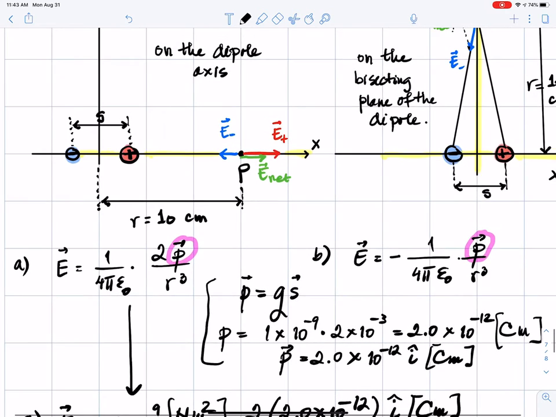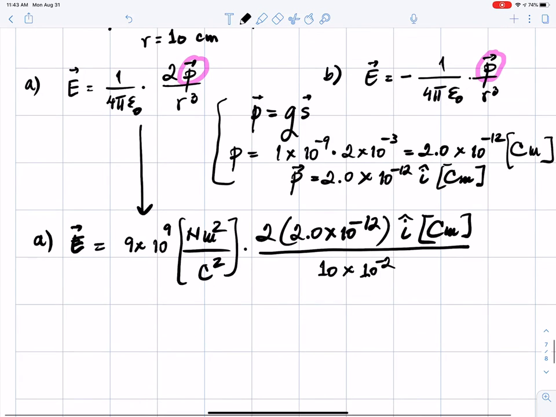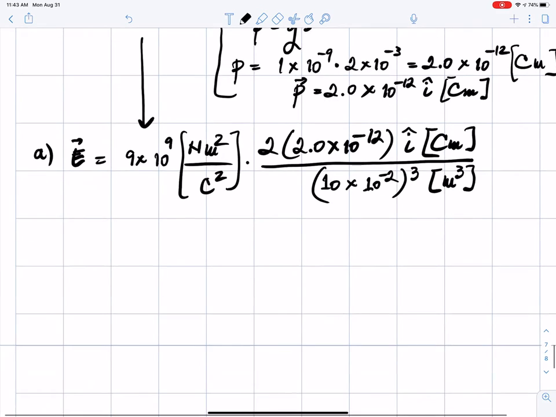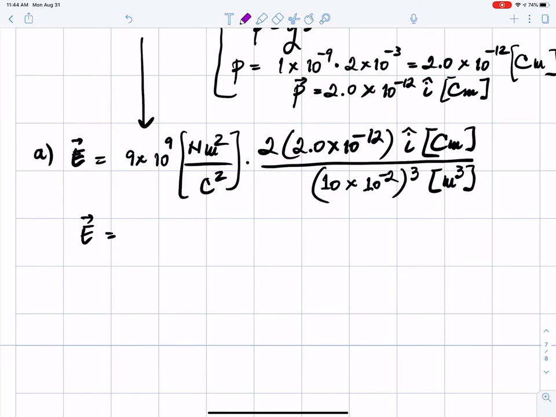The distance was r equal 10, and those are centimeters, so 10 times 10 to the minus 2, and it is cubed. And those are meters cubed in this case. All right, so by performing everything here and simplifying your units, let's see, we have a Coulomb, and that goes away.